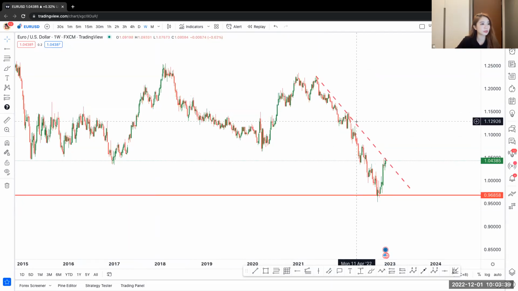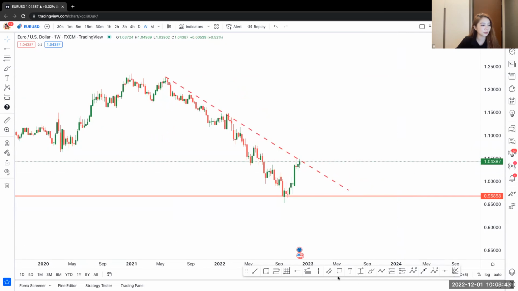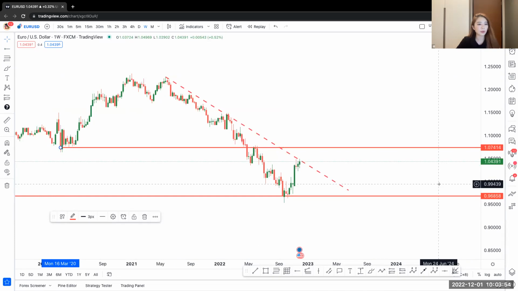And then let me see, are there any recent levels? We can see a recent support turned resistance level over here at this price, 1.07414.